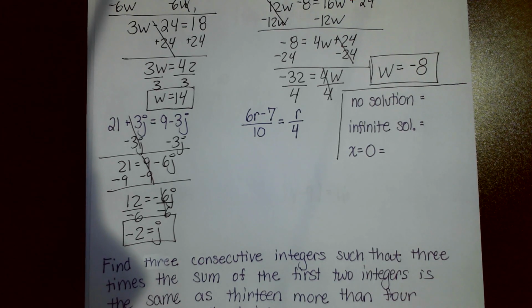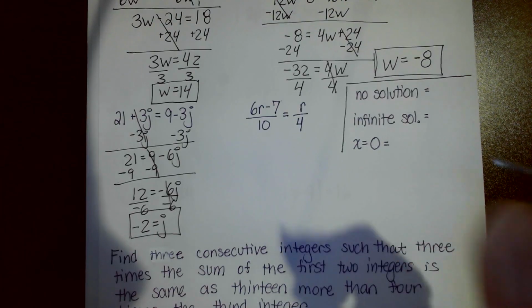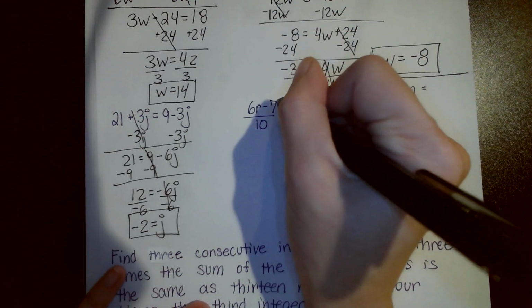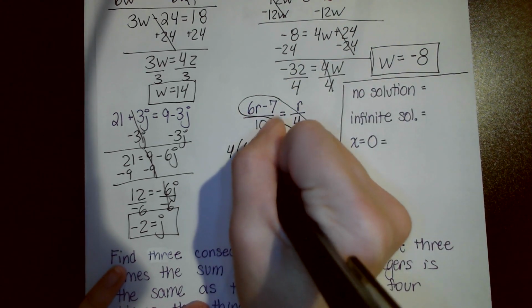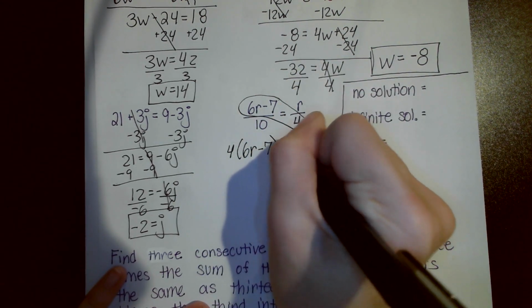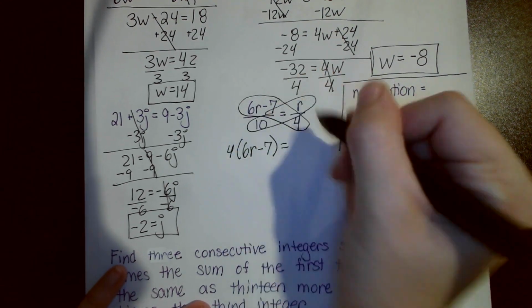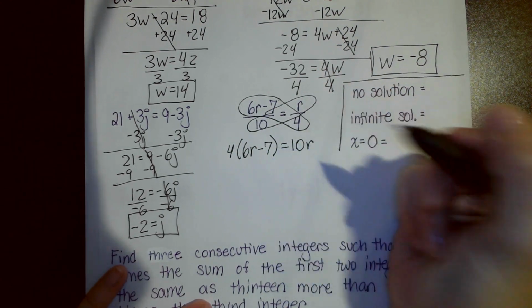All right, and now here we have a proportion. We have learned a couple of ways to do this, and the way that we're going to do this is with cross multiplication. So I'm going to cross multiply. 4 times 6r minus 7 equals 10 times r.